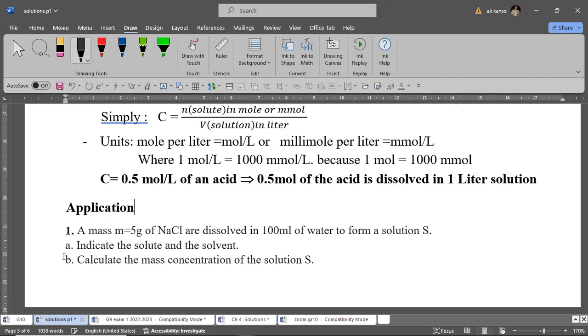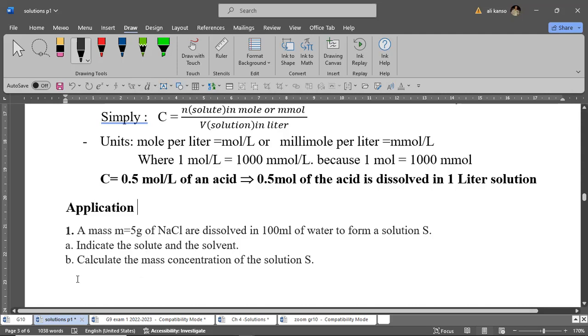In this application, we have a mass M of NaCl dissolved in 100 milliliters to form a solution S. The first question: indicate the solute and the solvent.